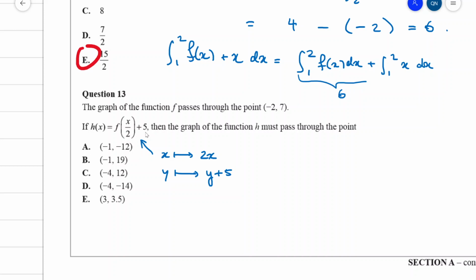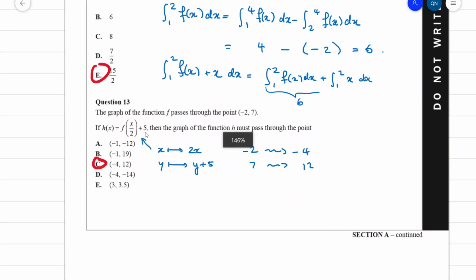So if you just apply the rules over here, that means the negative 2, that's the x coordinate, is going to get mapped to negative 4, and 7, you're just going to add 5 to it, that's going to give you 12, so it's going to be option C.